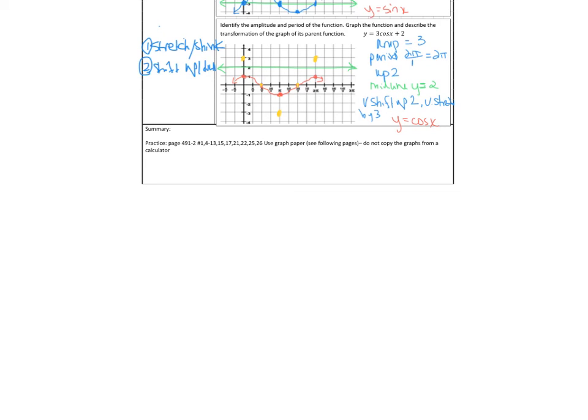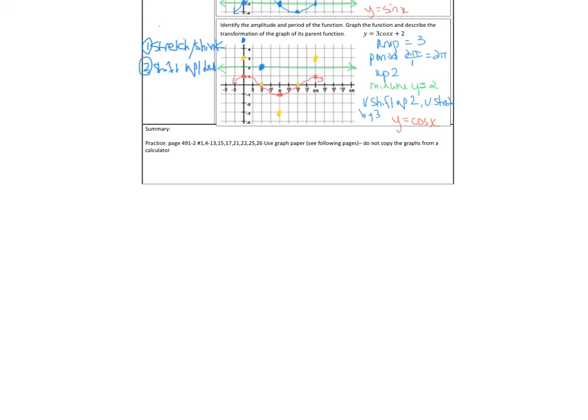Now to get my final graph, I'm going to shift each one of those points up 2. So these yellow points are now going to be shifting up 2. So that point at 0, 3 shifts up to 0, 5. The point on the x-axis at pi over 2, 0 is going to shift to my midline, which makes sense, right?